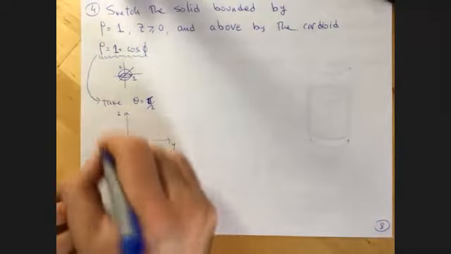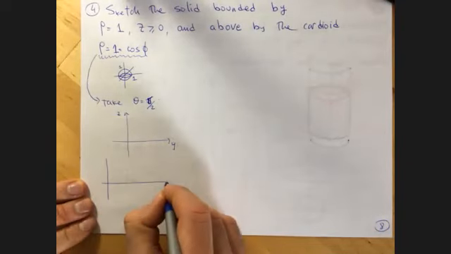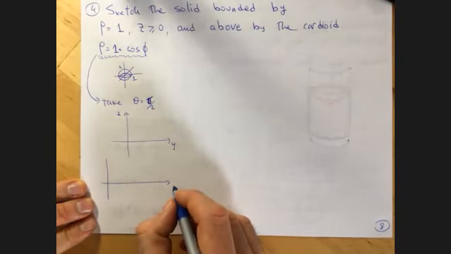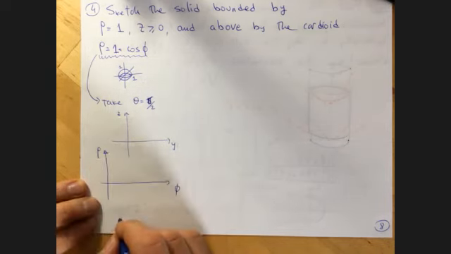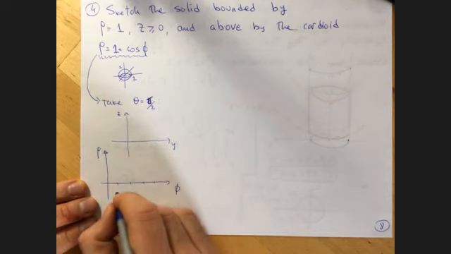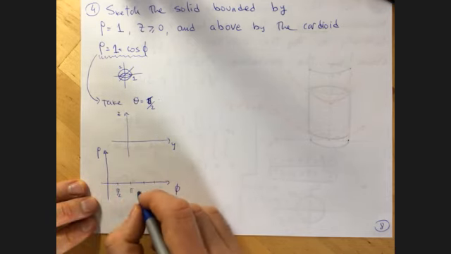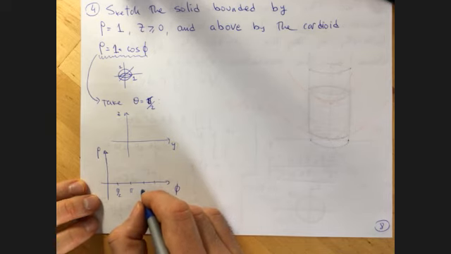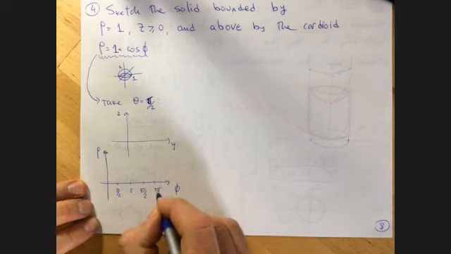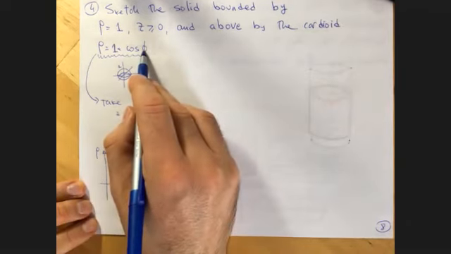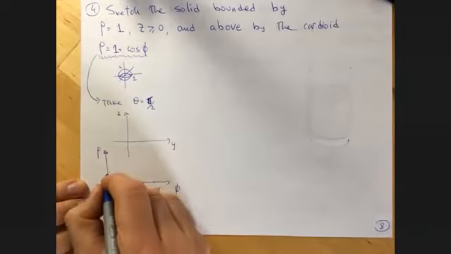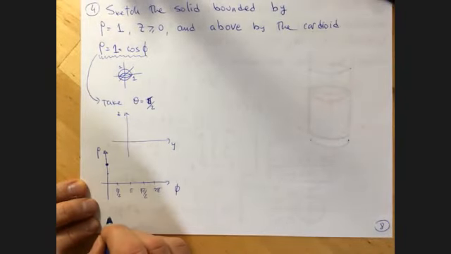So let's see what this looks like, although you should be able to recognize it if this is phi, and this is here rho, okay? So I have 1, 2, 3, 4, pi over 2, pi. What else? 3 pi over 2 and 2 pi, okay? And when phi is 0, cosine of 0 is 1, 1 plus 1 is 2, so 1, 2, okay?